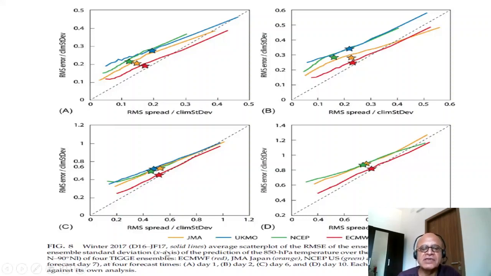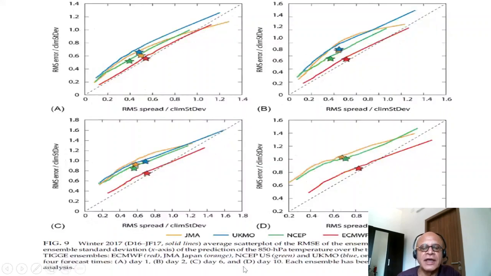Winter 2017 average scatter plot of RMS error of the ensemble mean and the ensemble standard deviation of the prediction of the 850 hectopascal temperature over the northern hemisphere of the 4 TIGGE ensembles. Okay, and this is winter 2017 average scatter plot of RMSE of the ensemble mean and the ensemble standard deviation of the prediction of the 850 hectopascal temperature over the tropics.